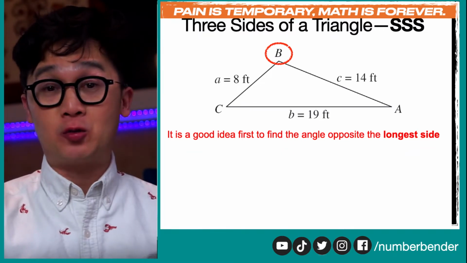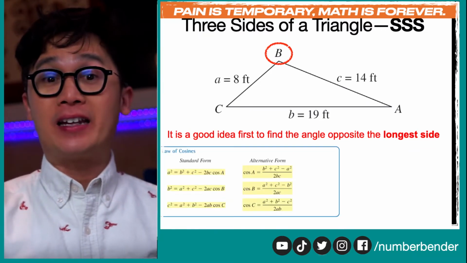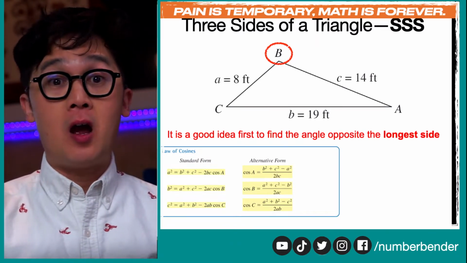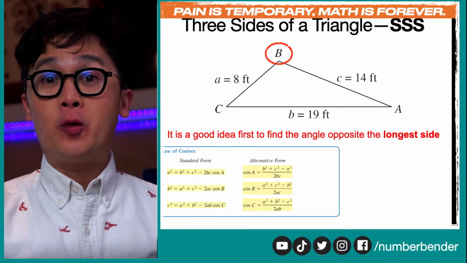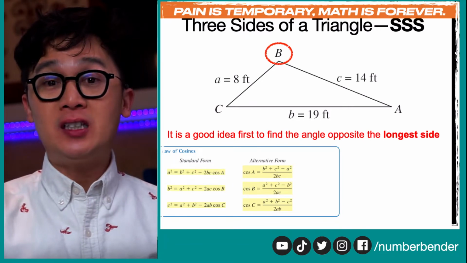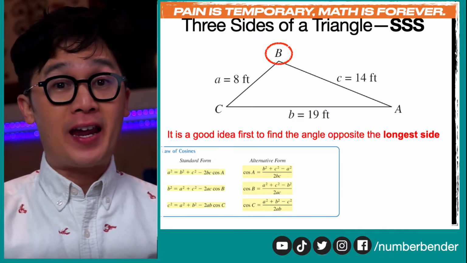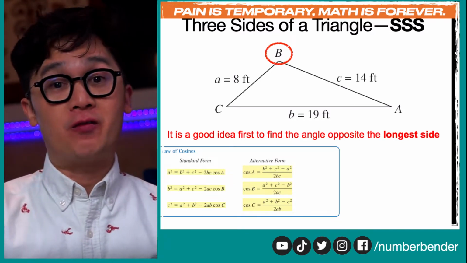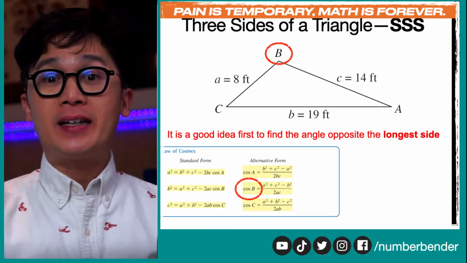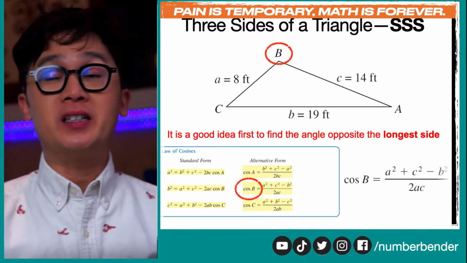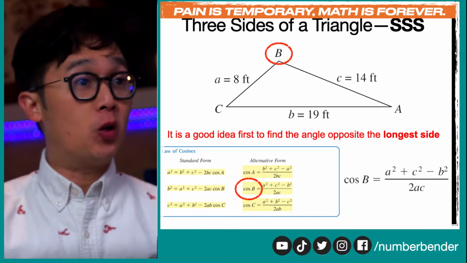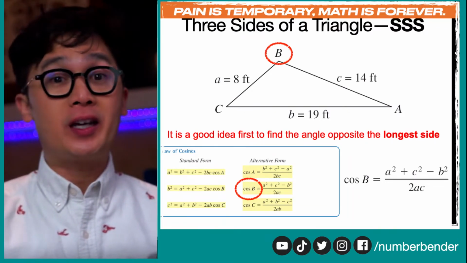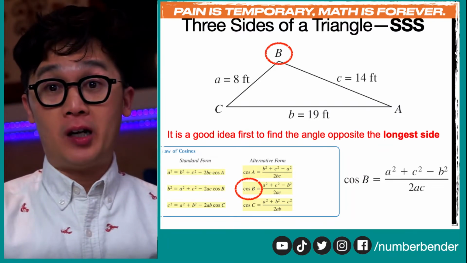Given that we have the standard form and the alternative form of the law of cosines, we are going to use the alternative form because we are looking for an angle. So cosine B equals a squared plus c squared minus b squared, all over 2ac, will be the first formula we use.